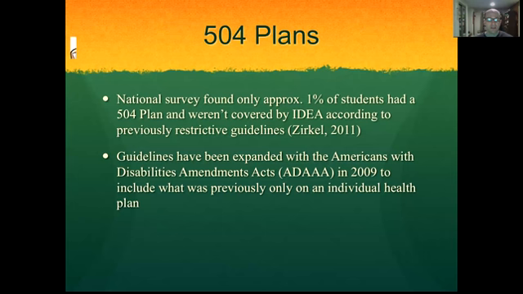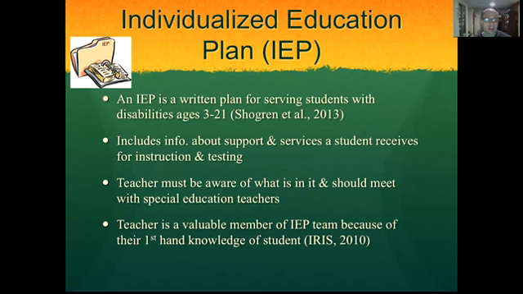Next up, I wanted to talk briefly about IEPs and how that may be different from a 504 plan. An IEP is certainly more detailed, and it's a written plan for serving students with disabilities ages 3 through 21. It is a plan that has to be followed by law, just like a 504 plan.